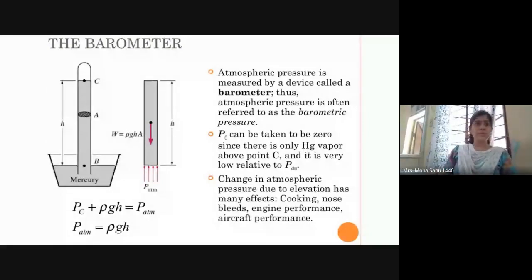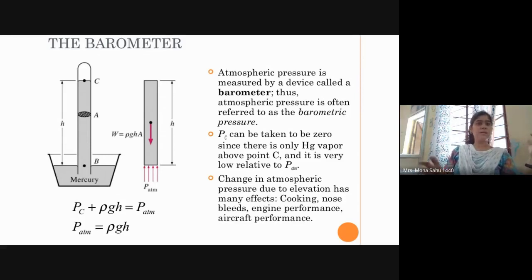So calculating the atmospheric pressure is very important, for various reasons. You can use a barometer to calculate it. The methodology is very simple. You just need mercury in a beaker and a tube.